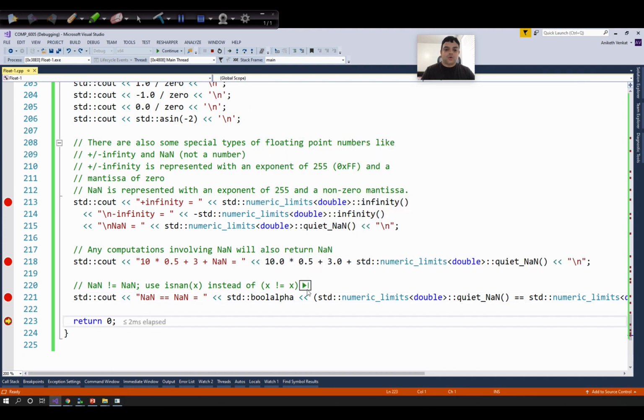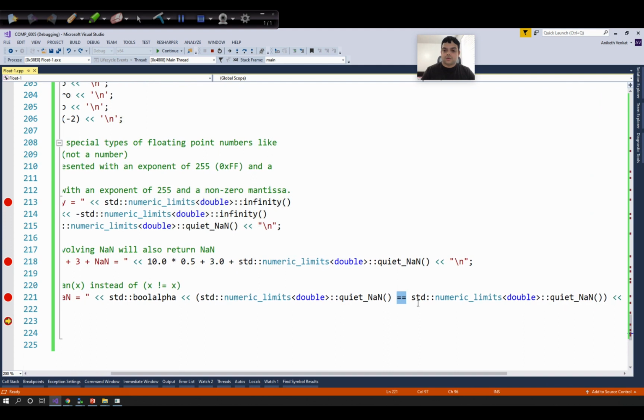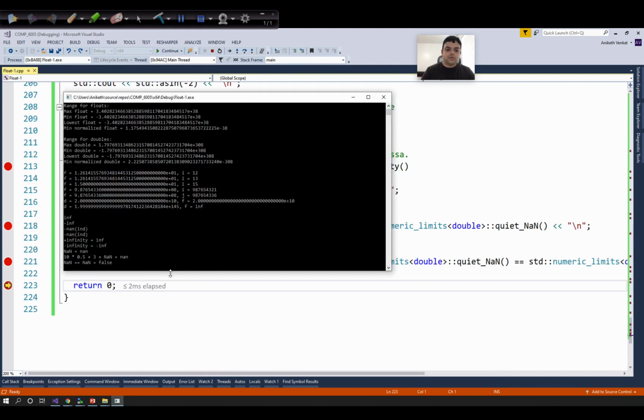And the final thing that we want to check is whether nan is equal to nan. So can we do this? Can we compare two nans or not? So here I'm checking whether nan is equal to the same thing, nan. So let's print this. Now notice nan equal to nan is equal to false. Which means we will not be able to compare two nans.